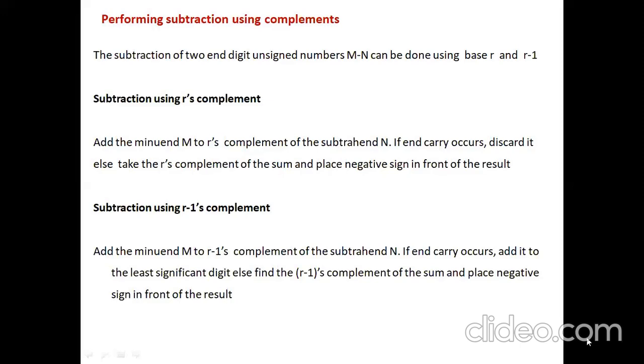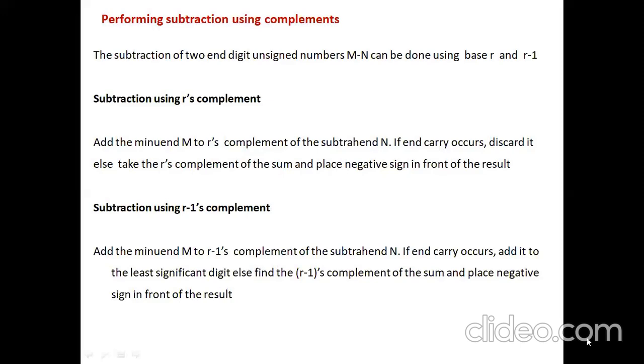So you add the end carry to the rightmost digit, and that will be your result. If there is no end carry, then again you find the r minus 1's complement of the sum and place a negative sign in front of the result. That is subtraction using the complement.